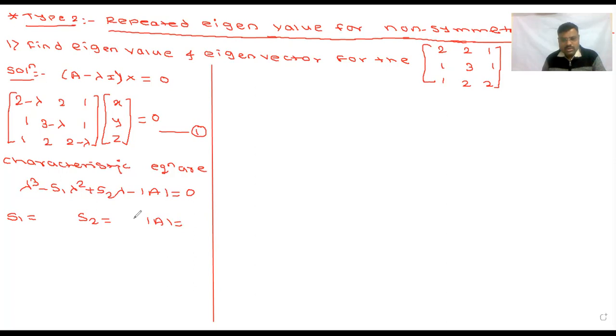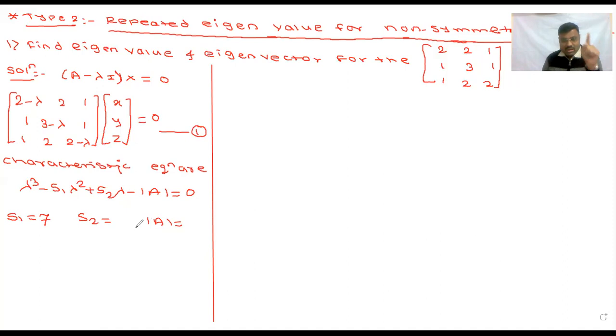S1 equal to 7. S2 equal to 4? Just calculate properly.